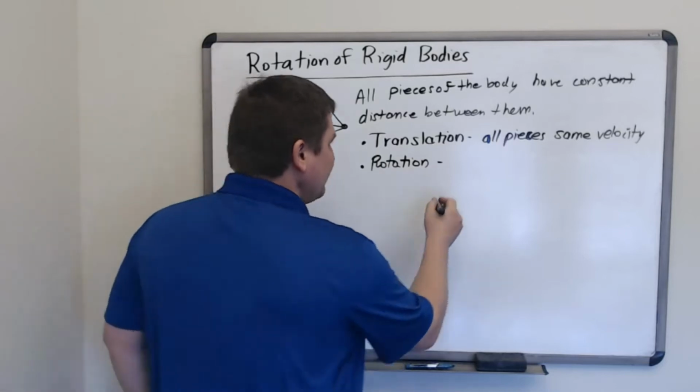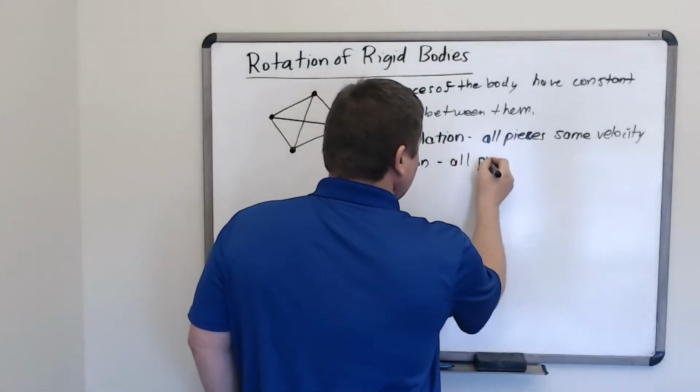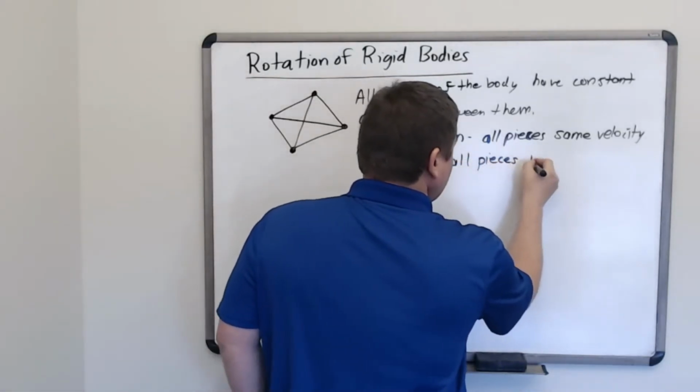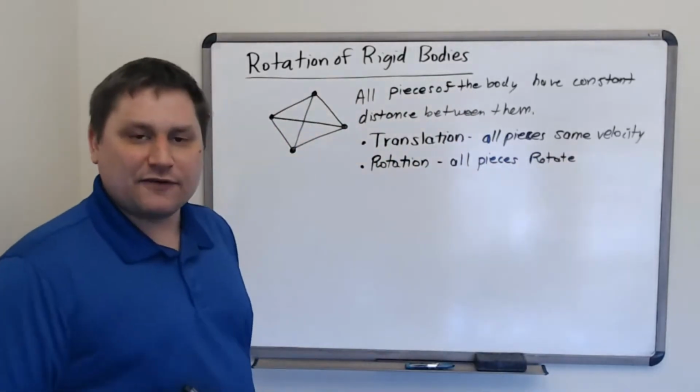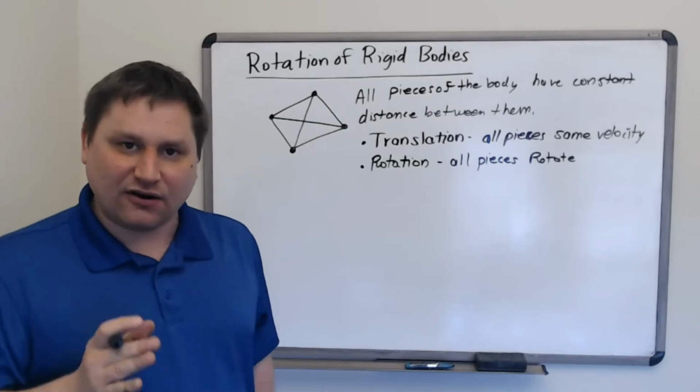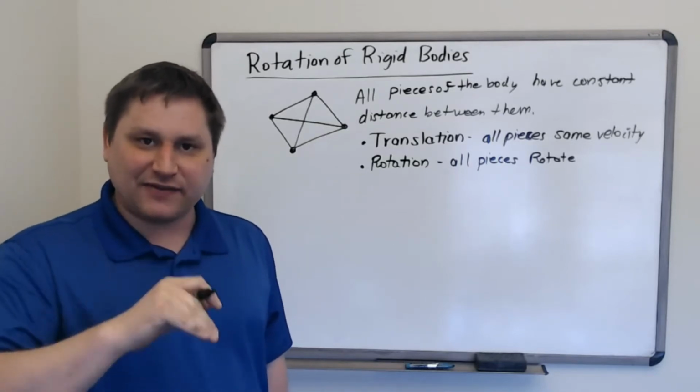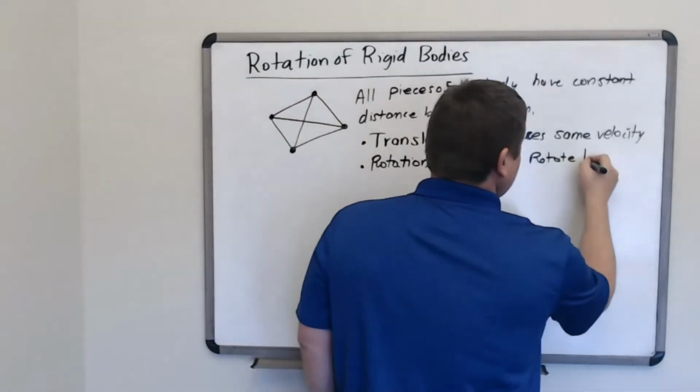So when we do a rotation, the requirement for the object to remain rigid is that all the pieces of the object need to rotate by the same angle.